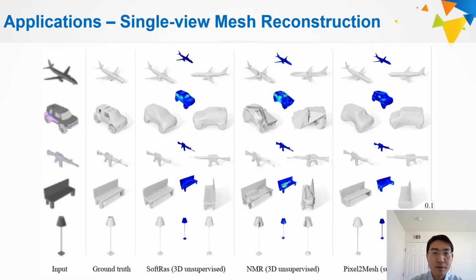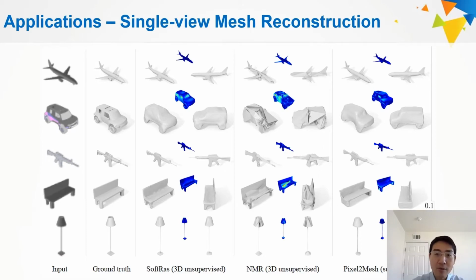Here are applications for single view mesh reconstruction. We can see that compared with another 3D unsupervised method, NMR, our reconstruction results are much more accurate than that one. For example, the very thin hole for the light, and also the structures of these chairs, guns, cars.